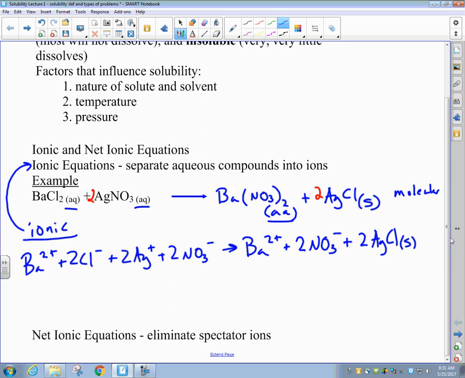So that would be considered our ionic equation. Then the last equation that we have to write is our net ionic equation. We're going to eliminate our spectator ions. Our spectator ions are the ones that are chemically identical. So we've got 2 nitrates and 2 nitrates, so I'm not going to rewrite that. I have a barium and a barium, so I'm not going to rewrite that. So I rewrite what's left on my equation here.